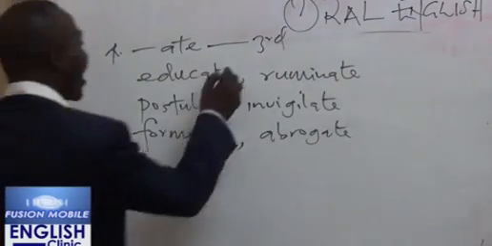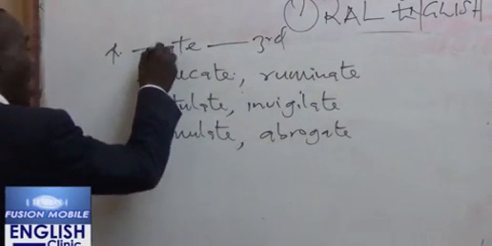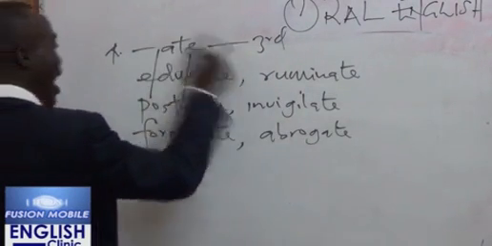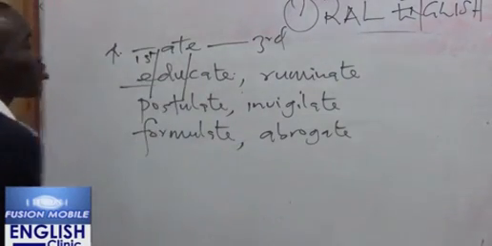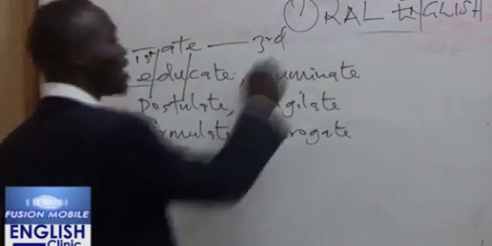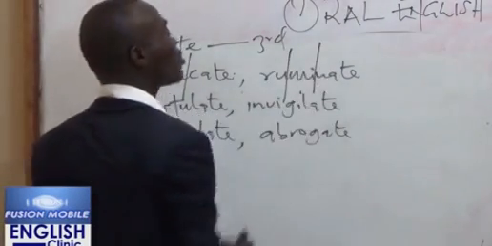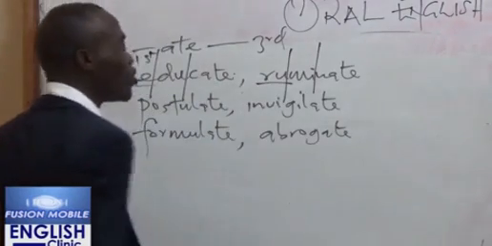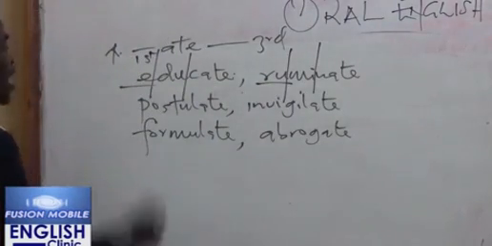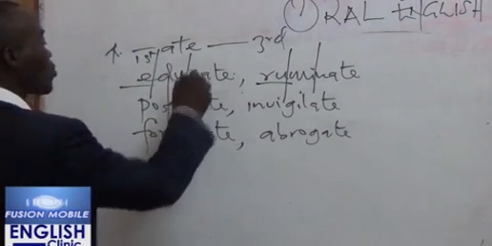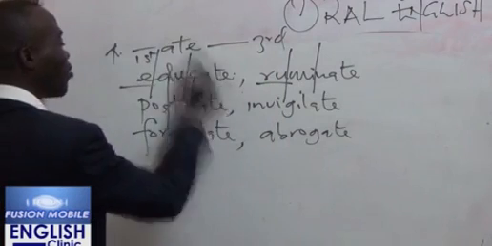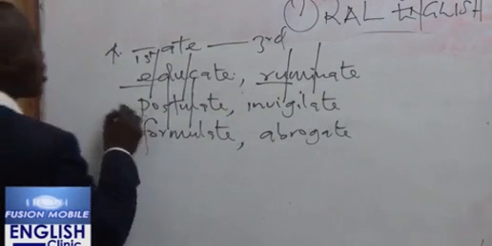Educate. You count from the end. What is the first syllable? The first syllable is ed, and that is what is stressed. Ruminate, the first syllable is ru. Postulate, how many syllables do you have there? We have 1, 2, and 3. So what is stressed there is pos.